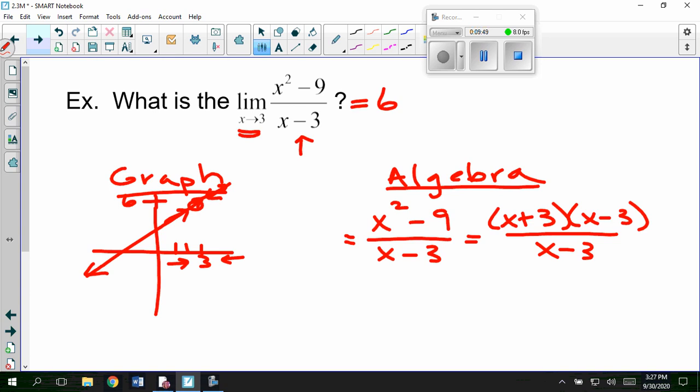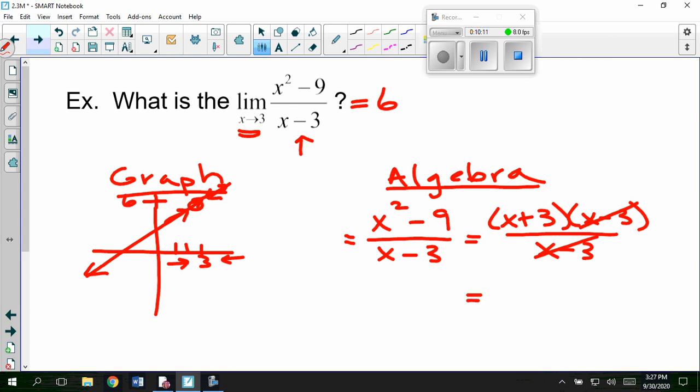You may remember that conversation from pre-calc, which is why I knew there was a hole in the graph at the value of 3, because we have what is called a removable discontinuity. When I factor things out, I remove that idea of having a 0 on the bottom that is undefined.